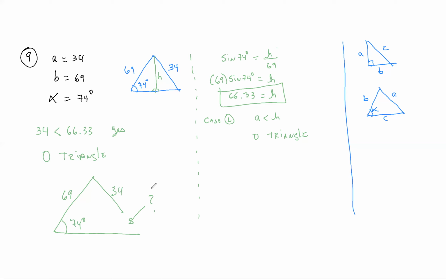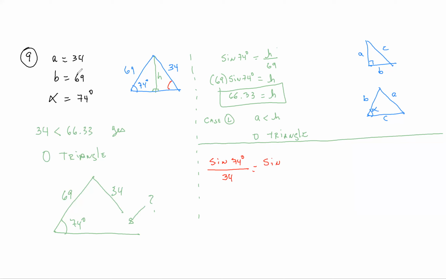Some people use the law of sines, and we can use the law of sines if you want. The law of sines says sine of 74 degrees over the opposite, that will be 34, equals the sine of this angle that we don't know, capital B, over 69.